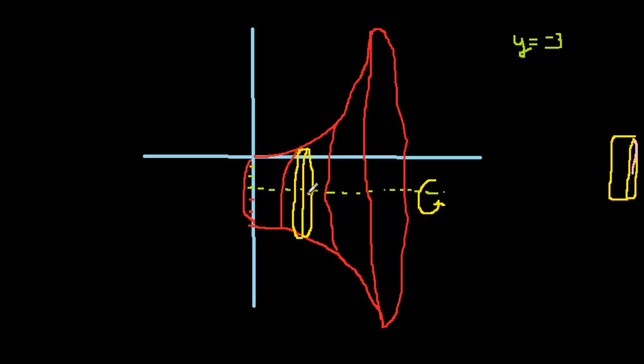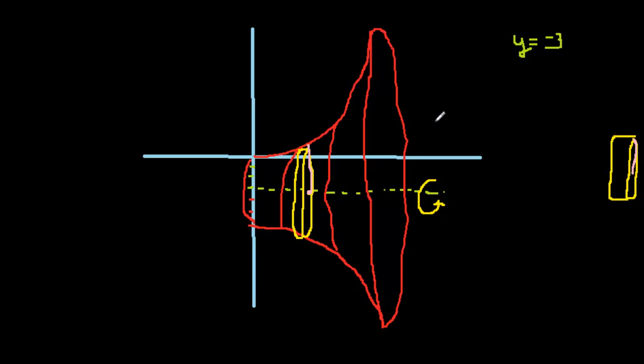So that radius, the center is going to start at that line of revolution, and it's going to go all the way up to where I hit the function f of x. So that radius is going to be 3 units plus however far it takes me to get up to that red parabola. So that's going to be 3 plus x squared.